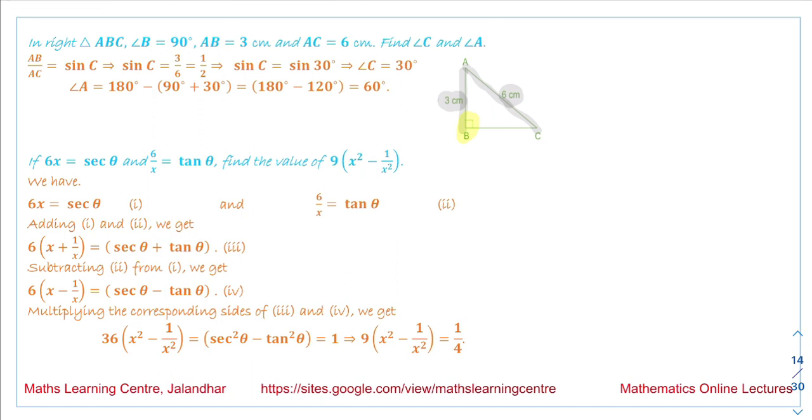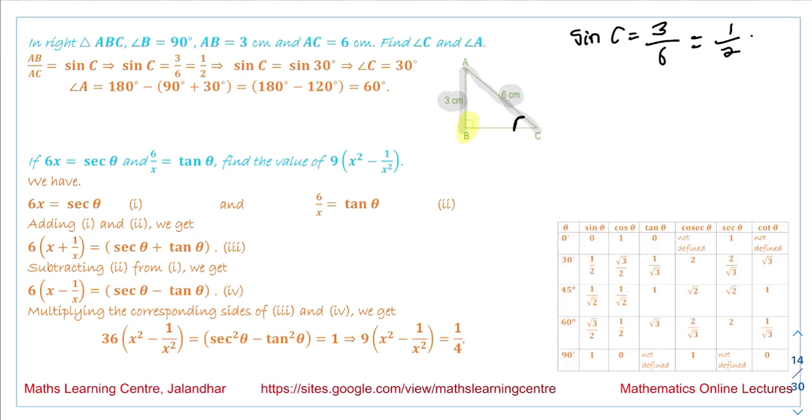if suppose we are talking about first the angle C, this angle C over here, and I will write the value, that is sine C. So that is perpendicular over hypotenuse, and that is equal to 1 by 2. Now from the table we can see that the value of sine is 1 by 2 when angle theta is 30 degree.